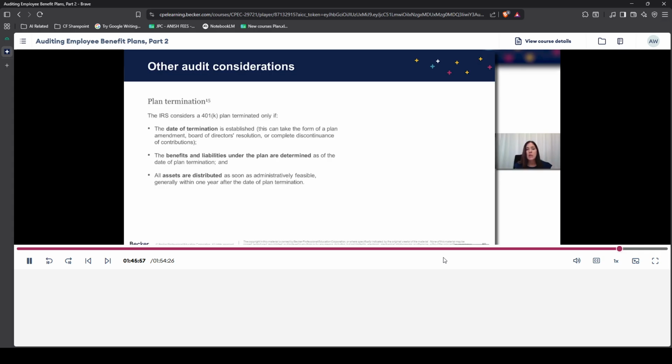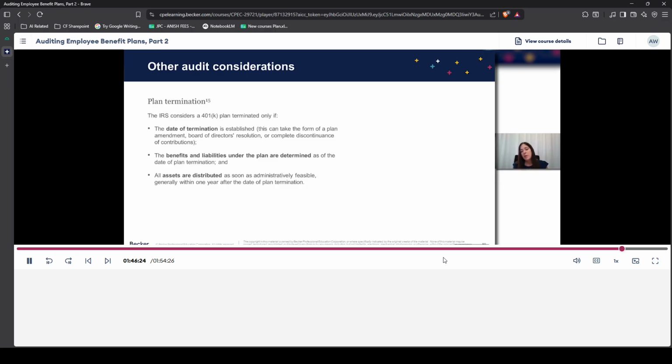So that date of termination is established once plan management or those charged with governance have made a decision to terminate the plan. And so the benefits and liabilities under the plan are determined as of the date of that plan termination. So that plan remains in existence, even though they've made a determination to terminate.